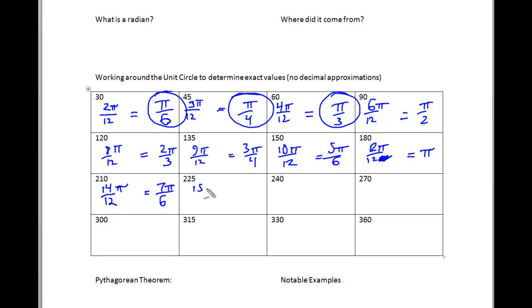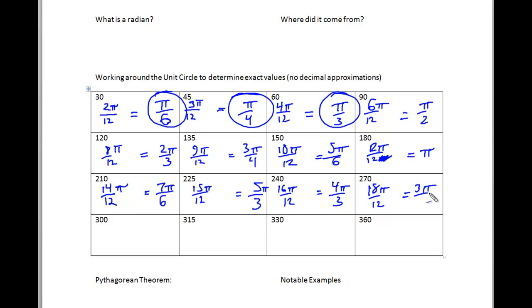This isn't 15 over 24, it's 15 over 12, because it's 15 segments out of the 12 that makes a pie, so that's going to make 5 pi over 3. This is going to be 16 pi over 12, which again simplifies to a number that's actually bigger than 1. 4/3 is bigger than 1. And at the 3/4 mark, 270 degrees around the corner, we got 18 pi over 12, which is simplifiable, dividing top and bottom by 6.